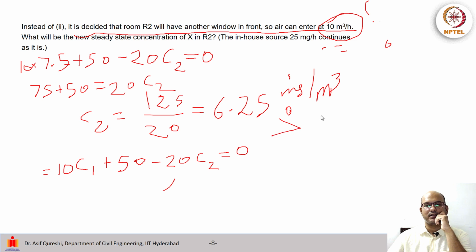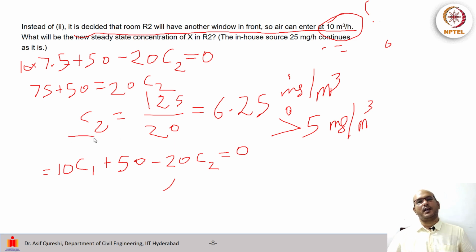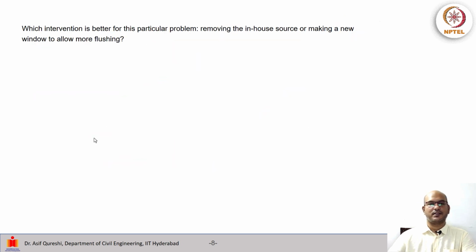This is actually greater than 5, which was when we had just stopped the source. So in terms of C2, stopping the in-house source was better, because then less polluted air was coming in, rather than this scenario in which we have added flushing but the source has continued.